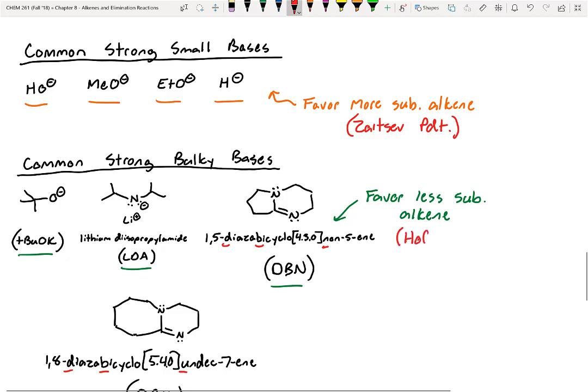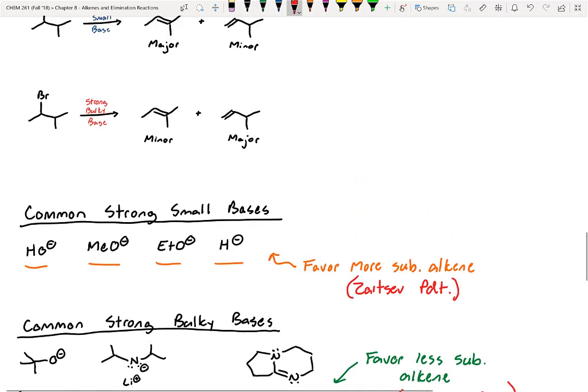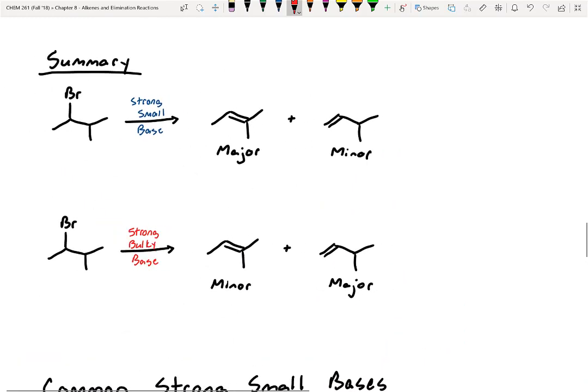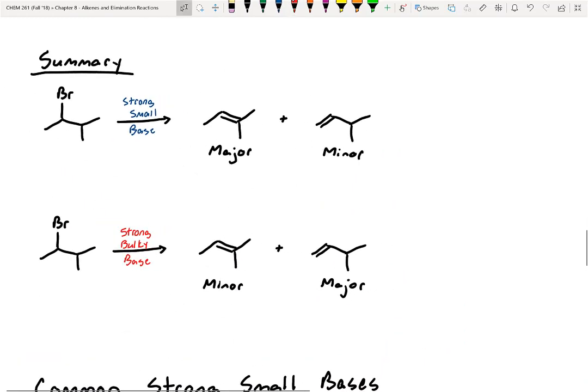That's our Hofmann product. All right, again, let's go back up in our notes. If we look at the more substituted alkene, that's always our Zaitsev product. And our less substituted alkene is going to be our Hofmann product.